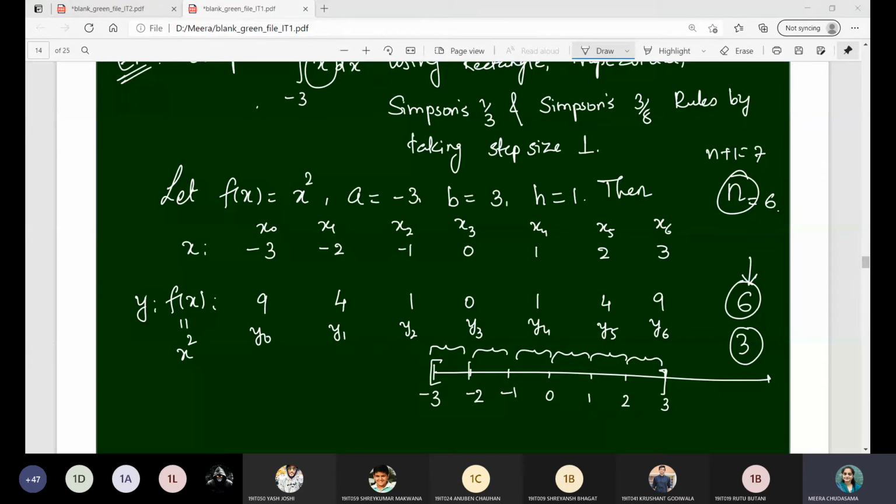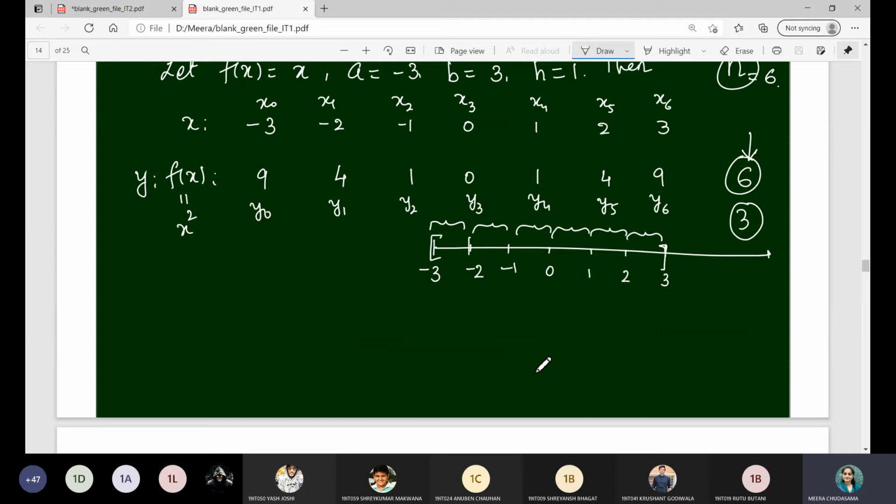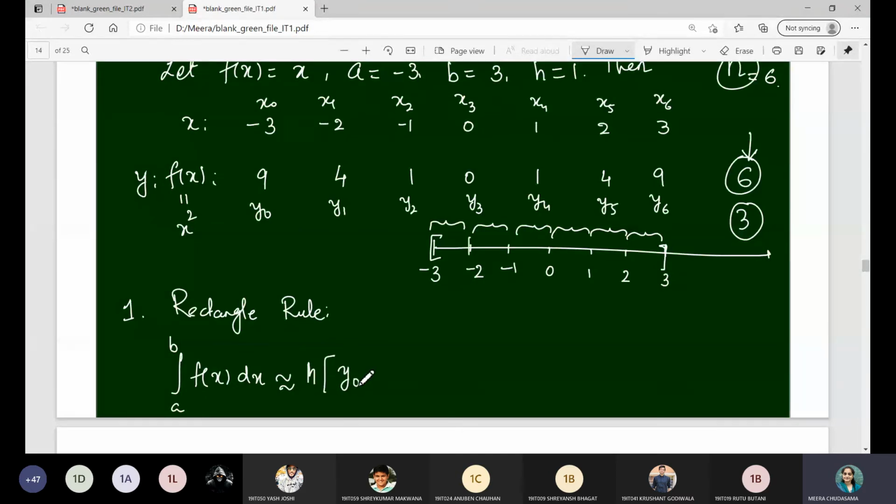Okay, so let us consider now the solution of this example via one by one all rule. So first I will compute it with the rectangle rule. तो composite rectangle rule क्या कहता है? तो function will be always approximated as h times function values. कहाँ तक? y0, y1 plus up to plus, it will go up to yn minus 1, right?